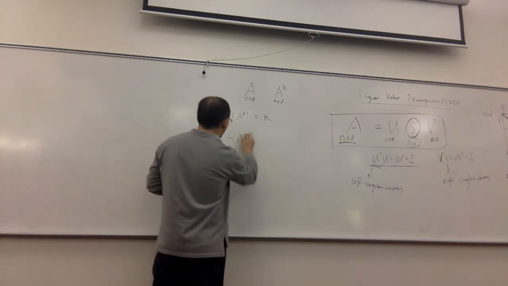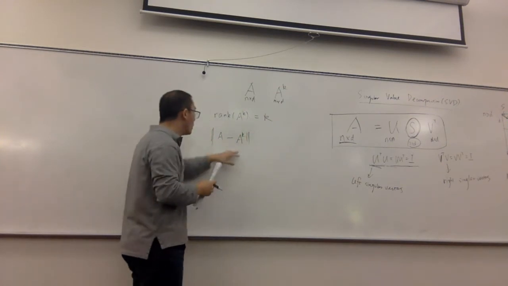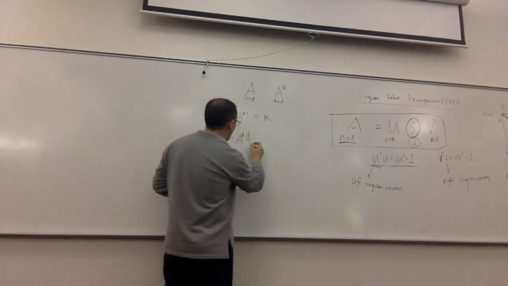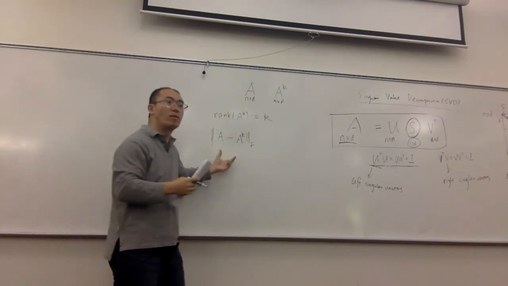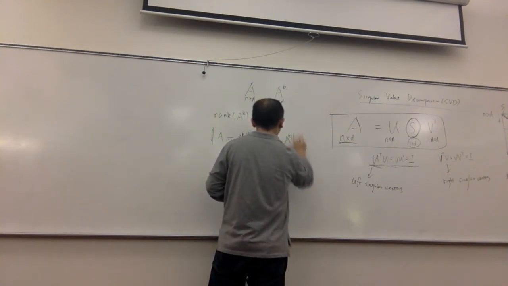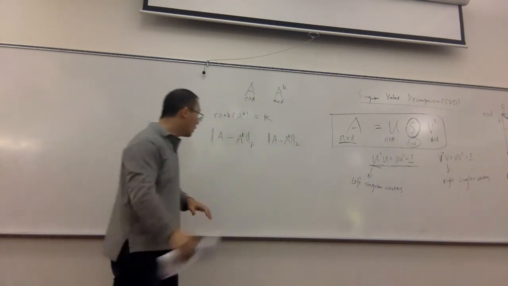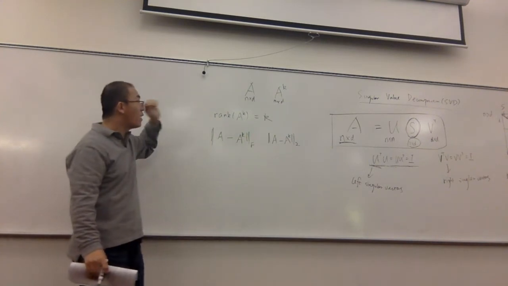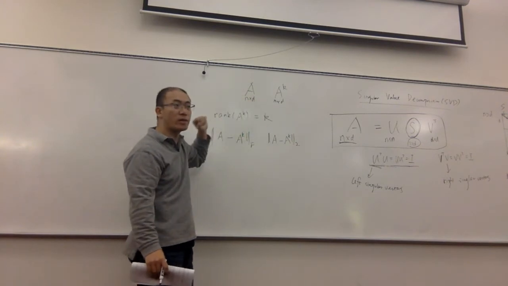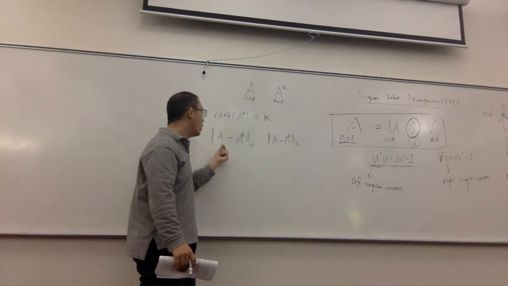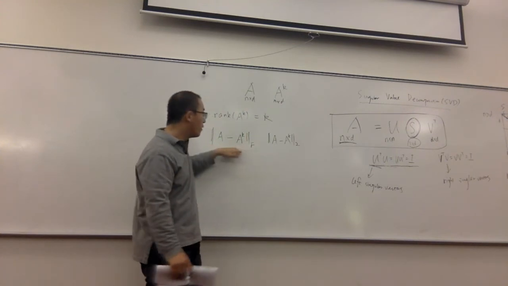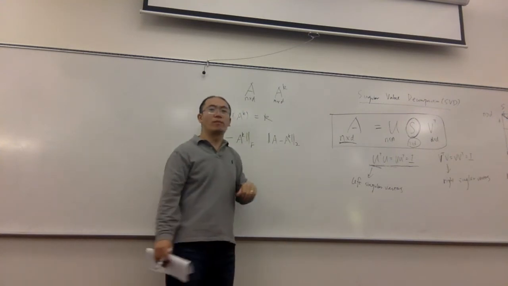Here we consider both the Frobenius norm and the 2 norm. So the question is, can we find such a rank K, n by d matrix which is as close to the original matrix A as possible in terms of the Frobenius norm and the 2 norm?